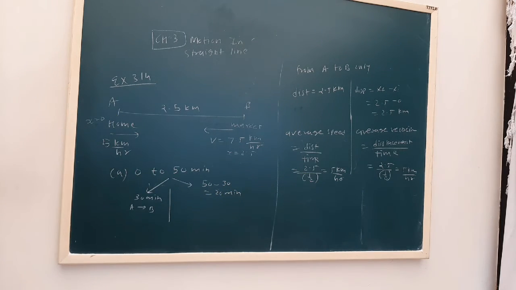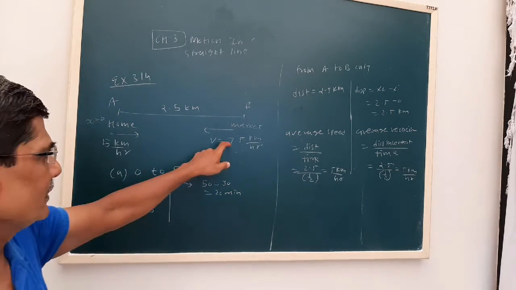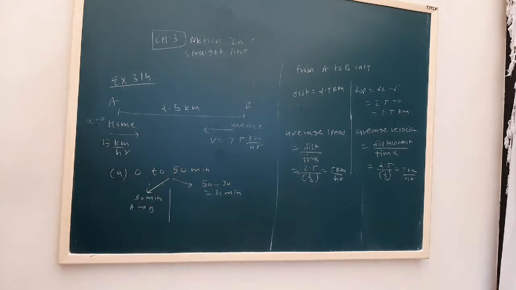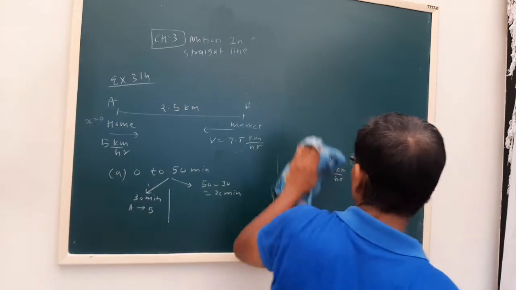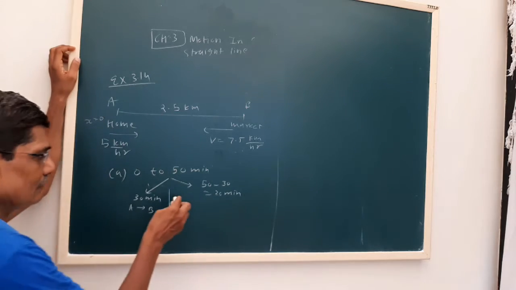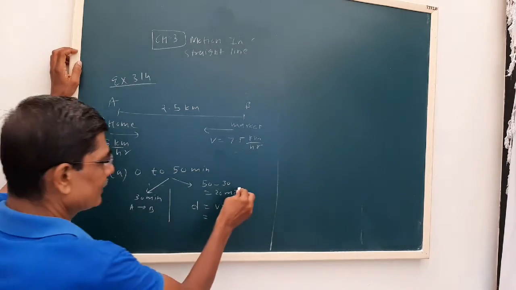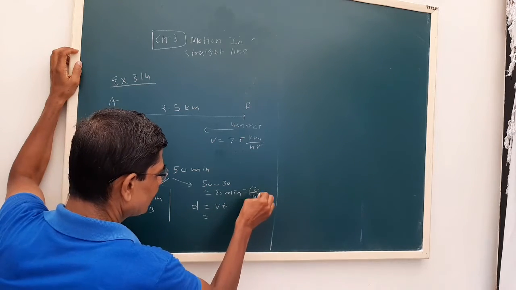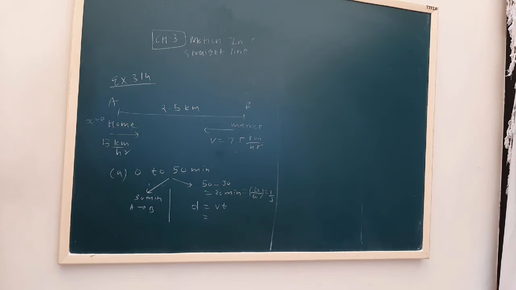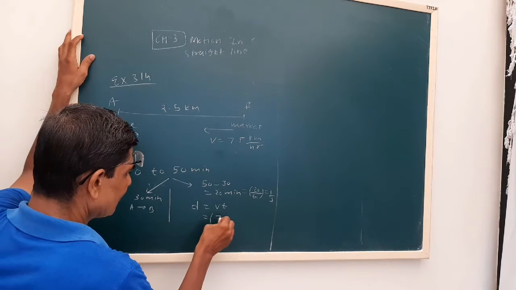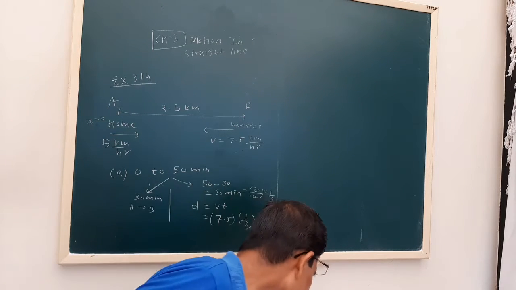We are given that when it moves from B to A, the speed is 7.5 km per hour. So what will be the distance covered? d is equal to v into t. 20 minutes is 20 upon 60, that is 1 by 3 hour. So 7.5 into 1 by 3. We can easily calculate.